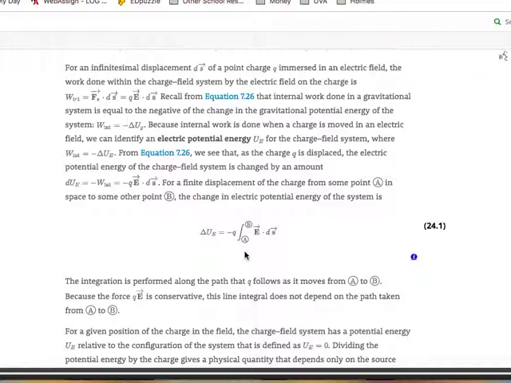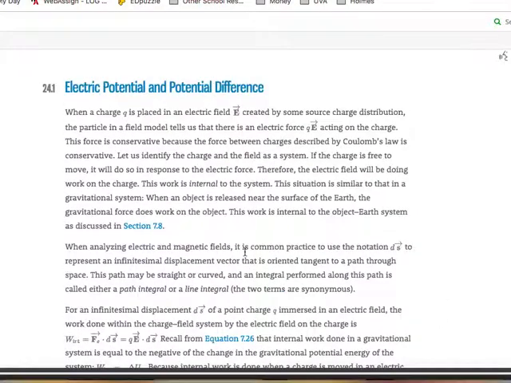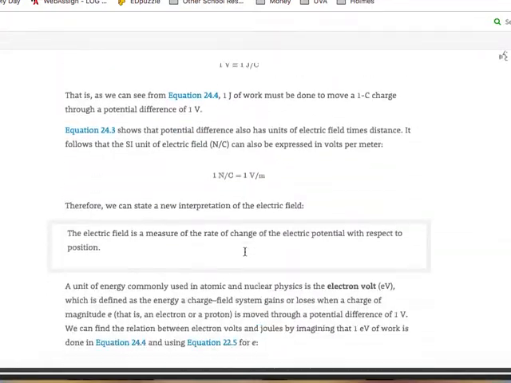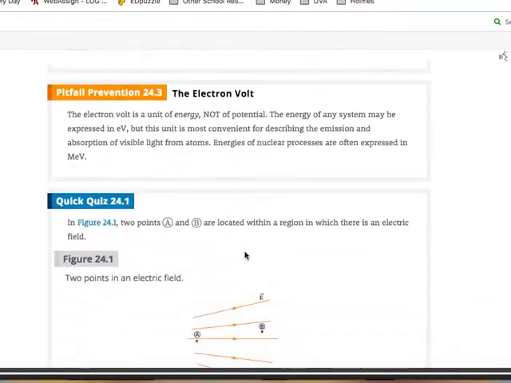With electric potential energy, it's related to how close or how far apart two charged particles are. If they are closer together, they will have less potential energy, and if they are farther apart, they will have more potential energy, which seems kind of backwards, but it is the way it works, just like gravitational potential energy. And things always want to move to the point of lowest potential energy.